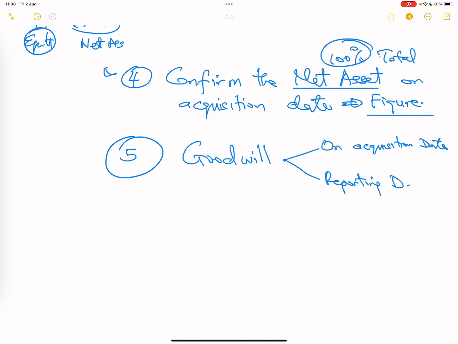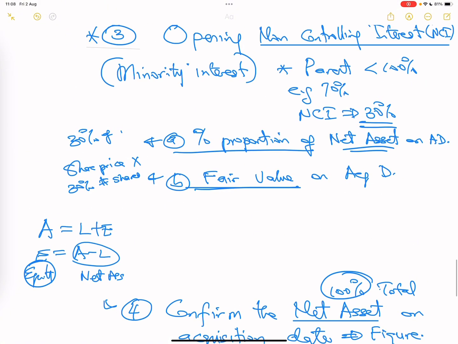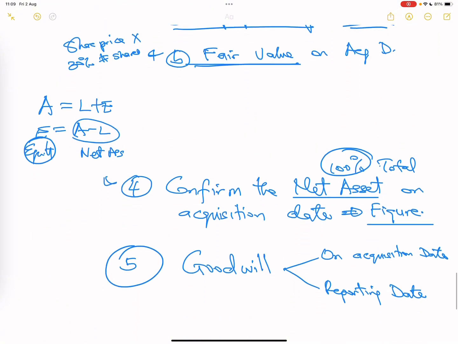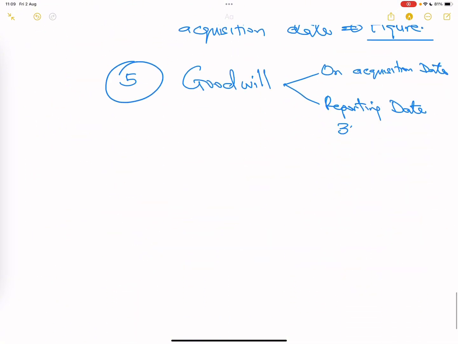And I'm saying it this way because sometimes your goodwill on acquisition might not be the same as goodwill on reporting date. Let me quickly explain. Remember, we said acquisition took place 1st of January 20x4. That is acquisition date. However, this company might be preparing financial statements on December 31st, 20x4. That will be a reporting date.